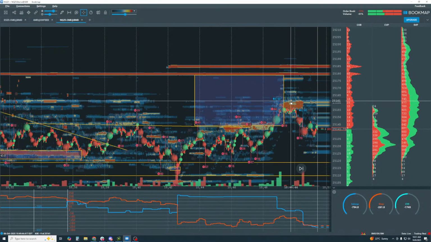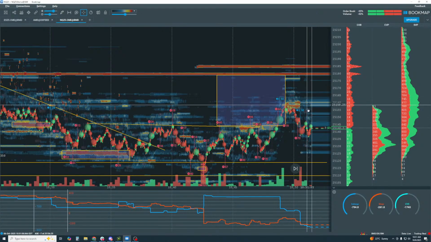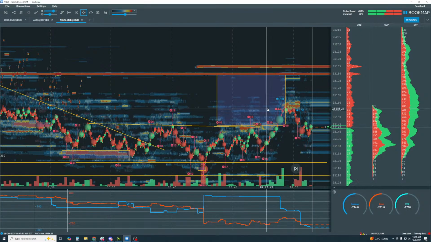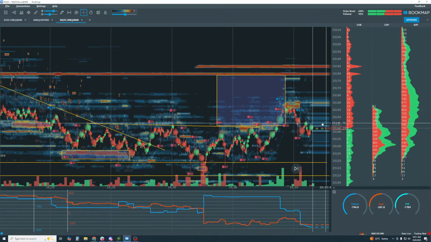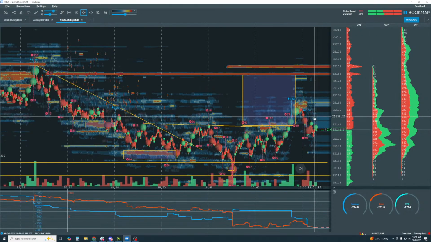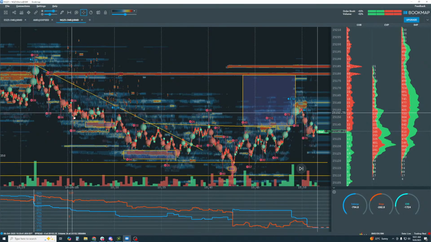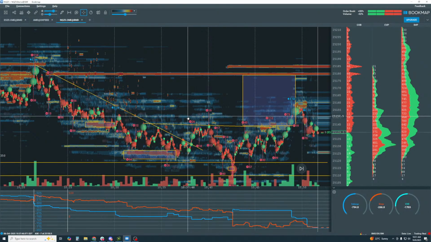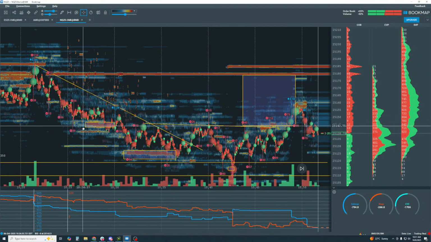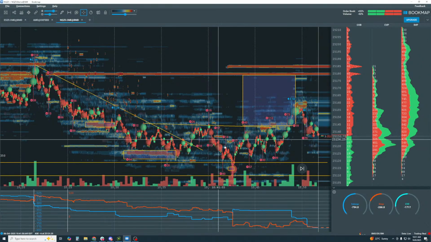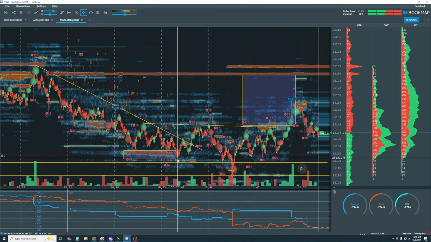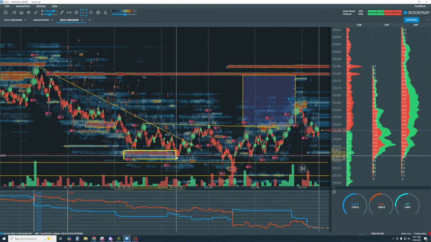Okay, it may still work out. We might see a lot of buying coming in. Now, this is what I wanted to get to about these order flow elements in here, these kind of Lego building blocks. What do we have on our side in here? We have some of the passive accumulation.